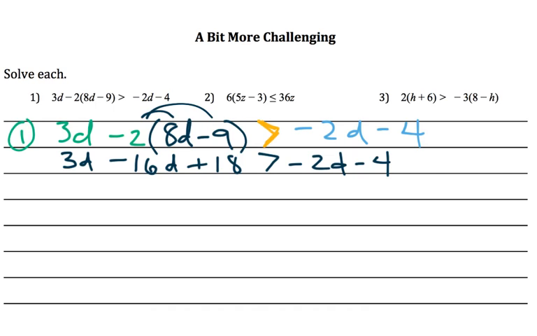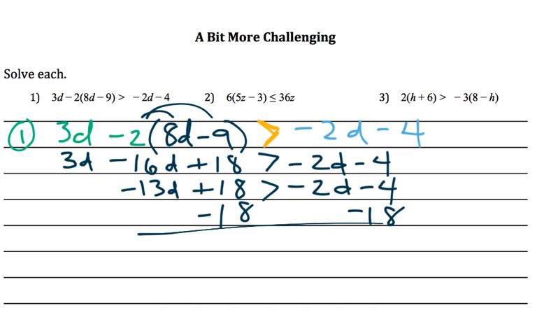I look on the left side, and is there anything that can be combined? Well, these both have a D, and 3 minus 16 will give me negative 13D plus 18. And that's greater than negative 2D minus 4. I'll take 18 away from both sides. Doesn't really matter. I could have done the D's first. Usually I would. It gives me negative 13D is greater than negative 2D minus 22.